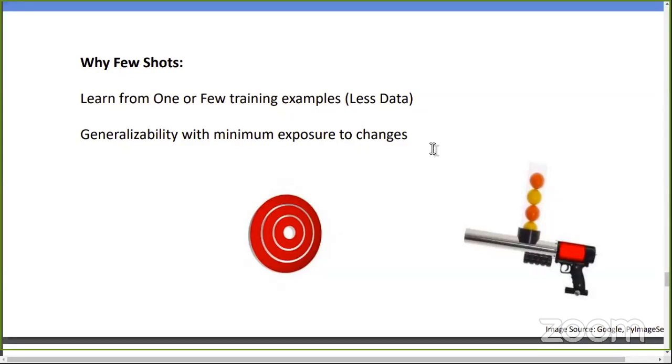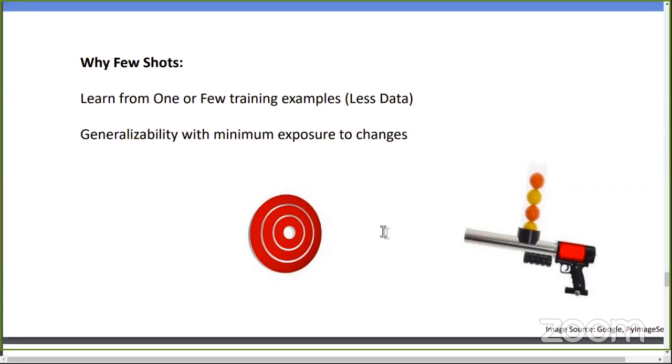Hello. So why do we need few-shot learning? Just to give an idea and set an example, we all know that humans are very good at learning with a very small number of examples. There are things that we see once, and apart from remembering those for a very long duration, we also have the ability to identify those things among hundreds of other things.